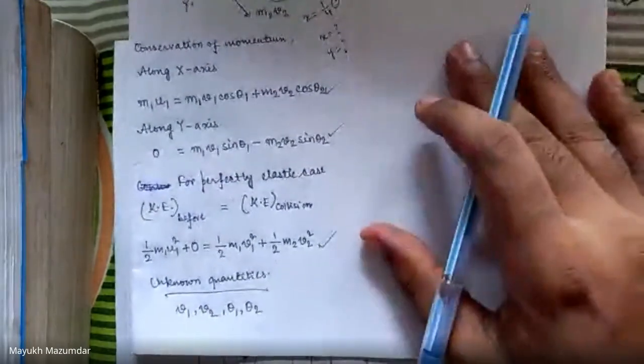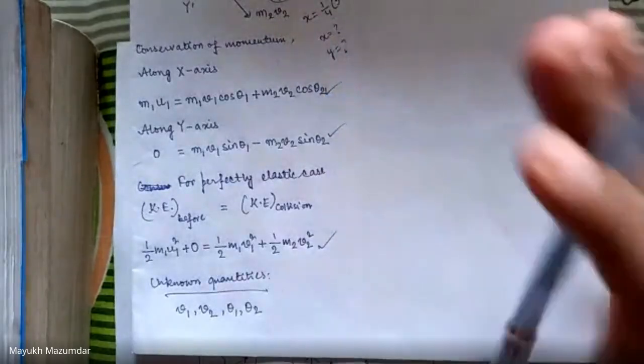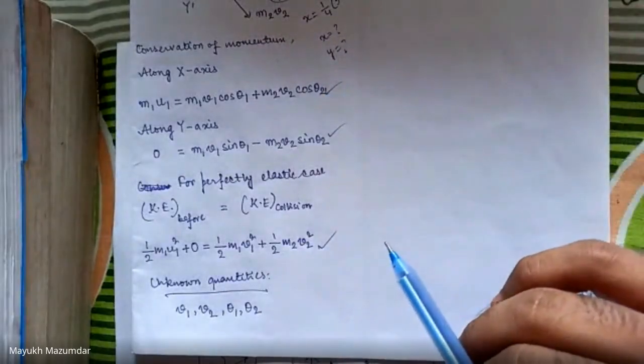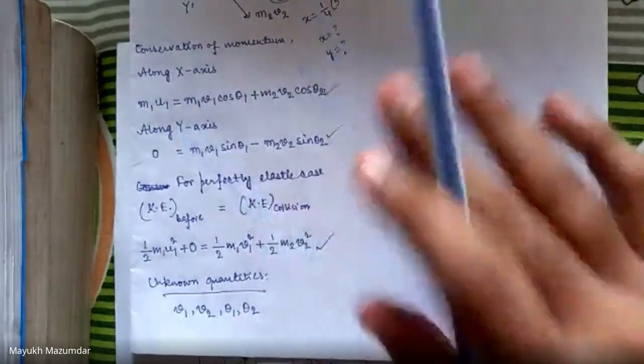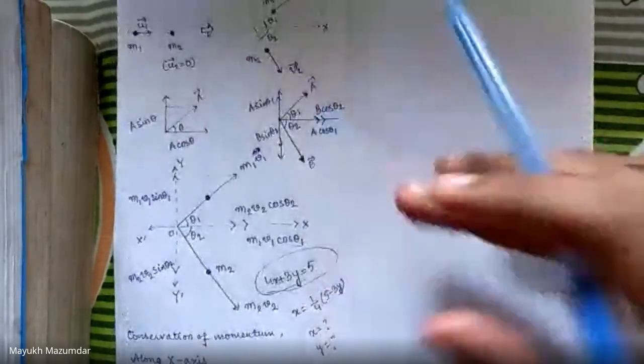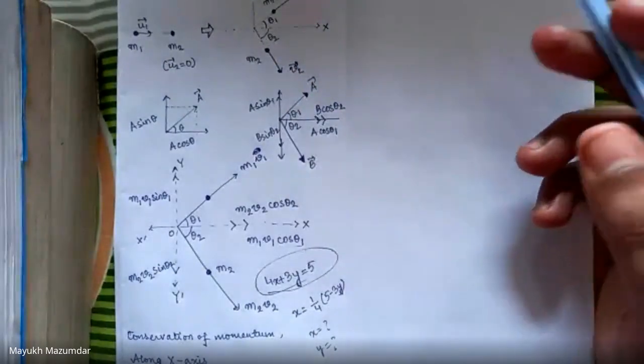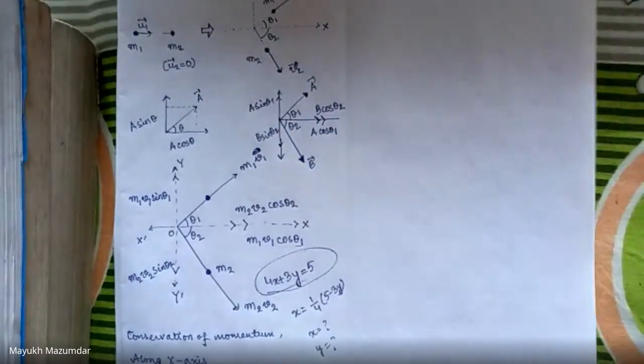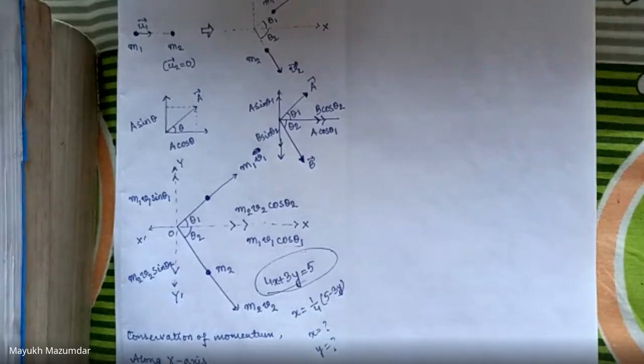Same case here. I have only three equations, but four unknown quantities. So in general, we cannot solve it. Now, if I give you some special conditions like v1 and v2 are equal, or theta 1 is 90 degree, theta 2 is 60 degree, that is a different case. But we should not rely on those cases in the first place.